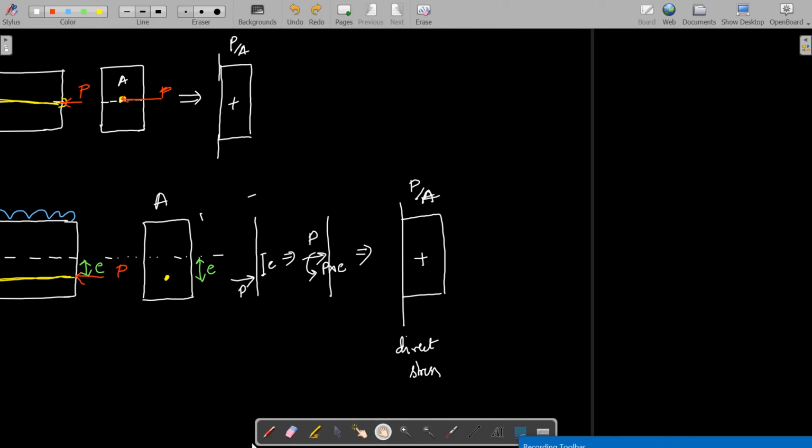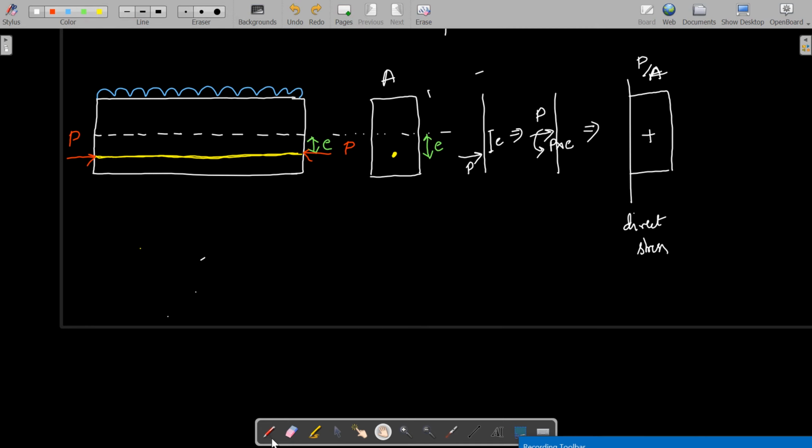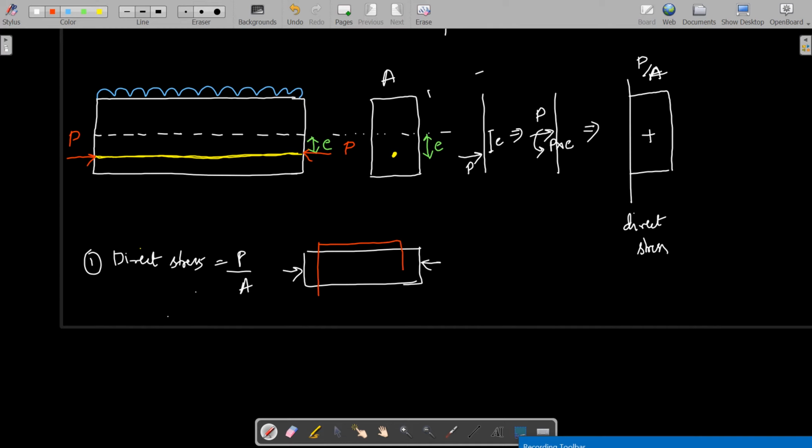Then due to the P into E, you can imagine it like this, but I will draw it separately. First, due to this compressive force you have direct stress P by A, so the beam will be compressed like this. It won't go into this shape, but it will be compressed like this.